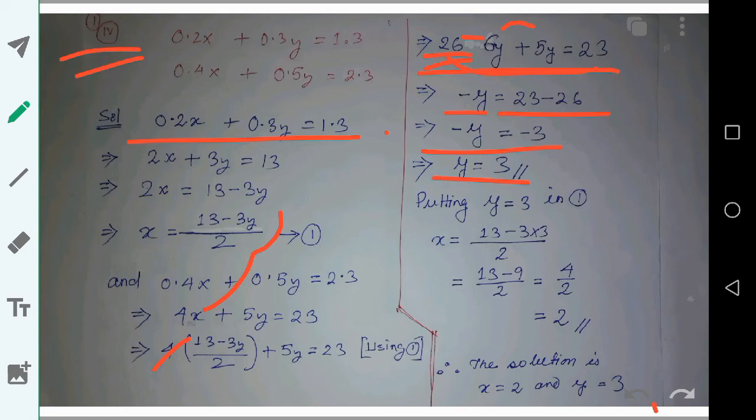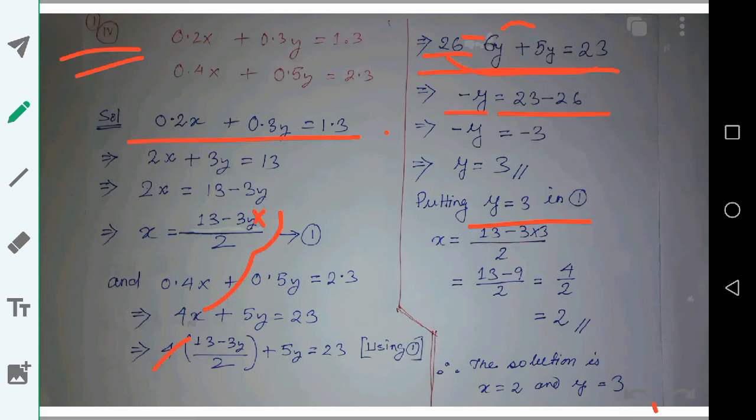Now use this value of y in equation 1. So that's why I have written here, putting y is equal to 3 in 1. So this y is replaced by 3, and we have got x is equal to 13 minus 3 into 3, divided by 2.